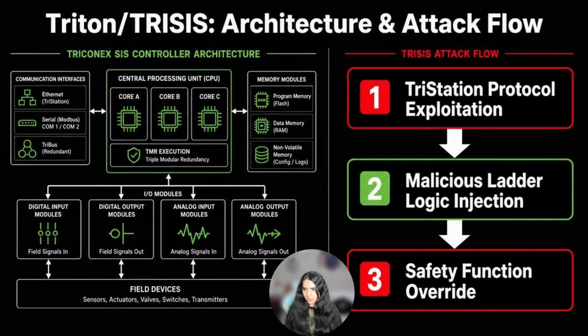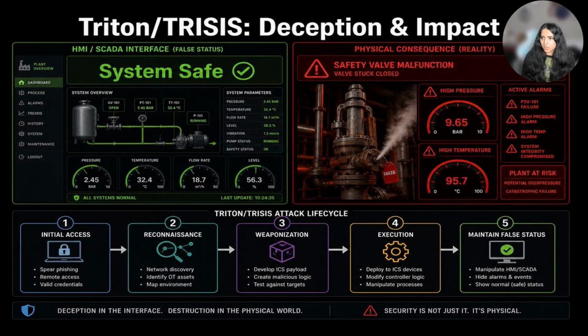The other incident that I'd like to go over is the architecture and attack flow of the Trident or Triton attack. I like to talk about this one because it shows how attackers pivoted from the IT side to the OT side, and shows the importance of IT integration with OT and why it is important to understand both sides and their security.